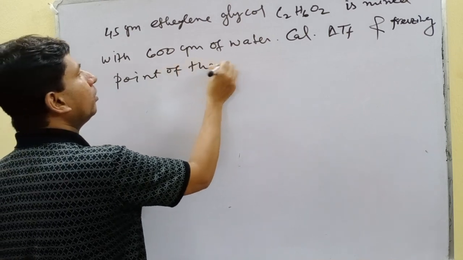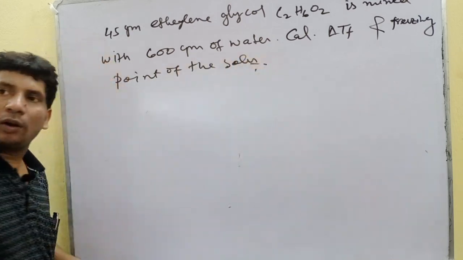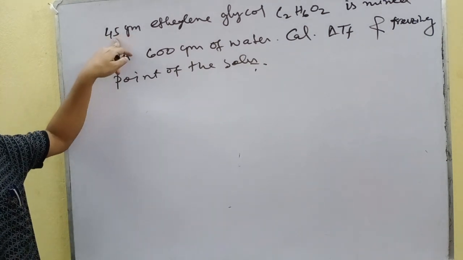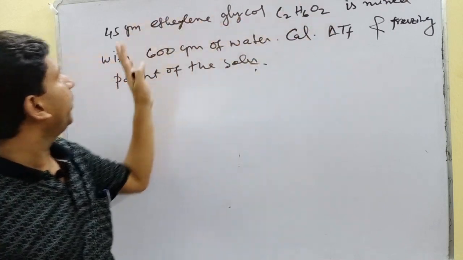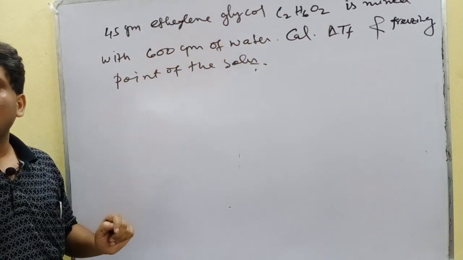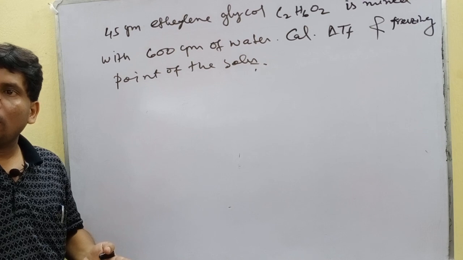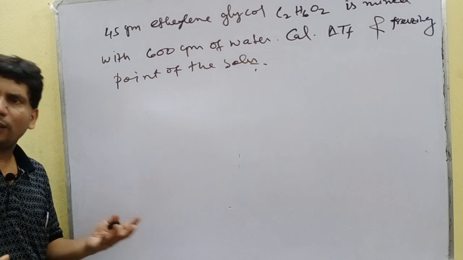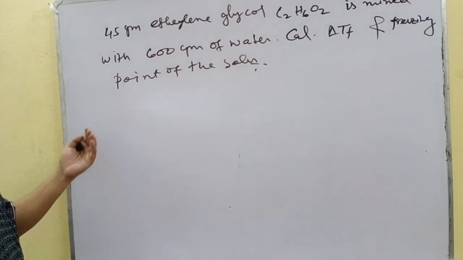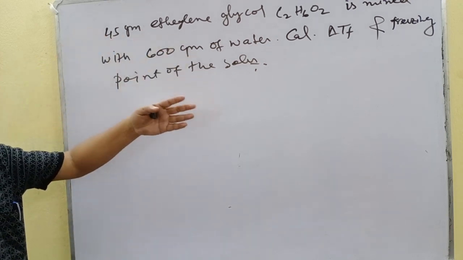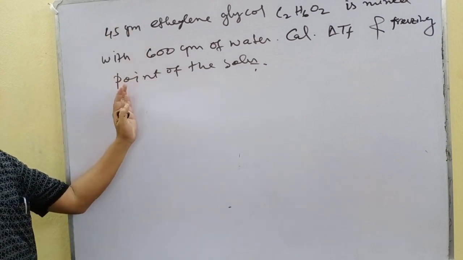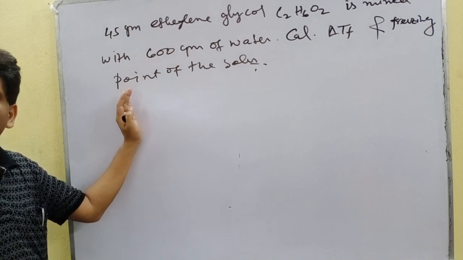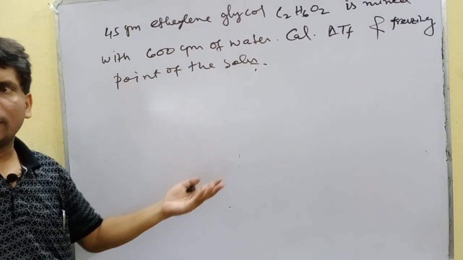Okay, what happened here? We know 45 gram of ethylene glycol is mixed with 600 gram of water. The mass of water in kg we can take in kg, no problem, or we can convert everything because there is a Kf. Yes, what is the value of Kf?